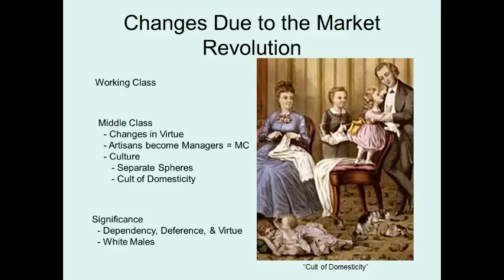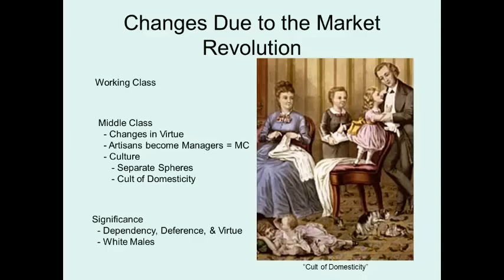There's nothing like sick time. There's nothing like overtime. There's nothing like a minimum wage. There's nothing like worker safety laws. There's nothing like child labor laws. None of this stuff exists yet. So they're working for very low wages. They have very little protections. They tended to live in very poor housing.